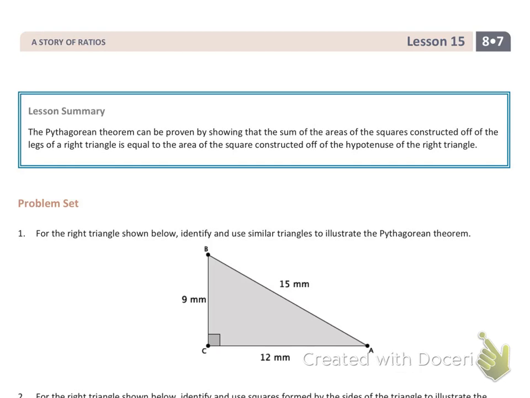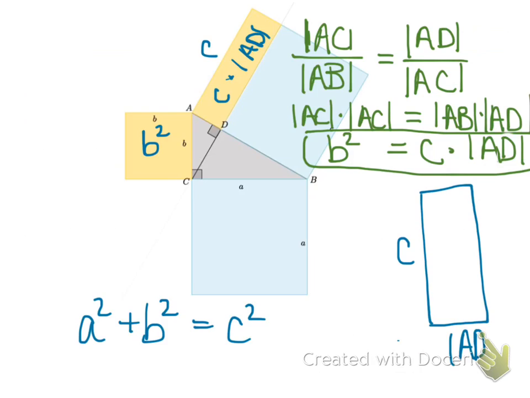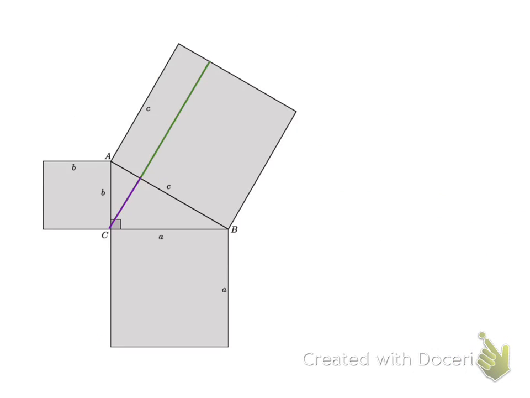So let's just summarize what we did in this lesson. The Pythagorean theorem can be proven by showing that the sum of the areas of the squares constructed off the legs of a right triangle is equal to the area of the square constructed off the hypotenuse of the right triangle. So that's that diagram again. This one here.